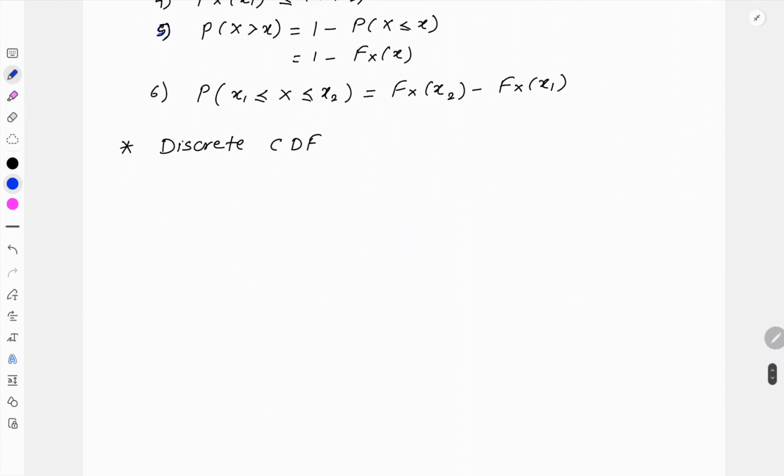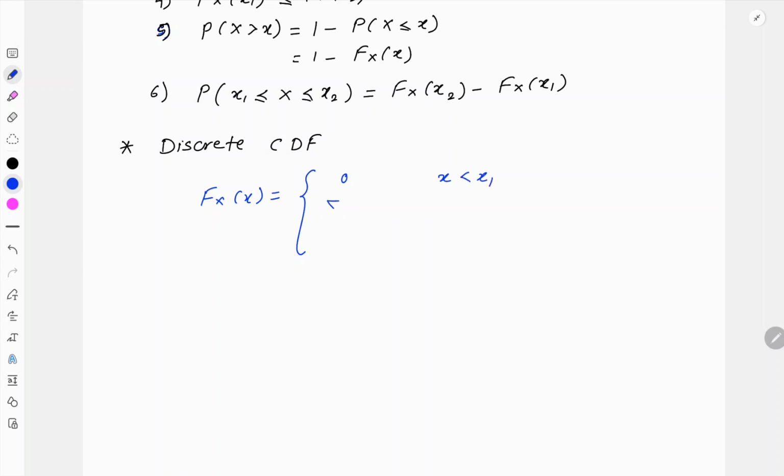So the discrete CDF equation is represented as F_X(x) is equal to, so this CDF takes different values. First is 0 for x less than x1.